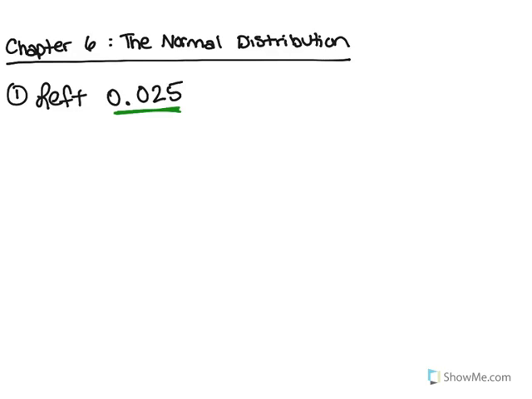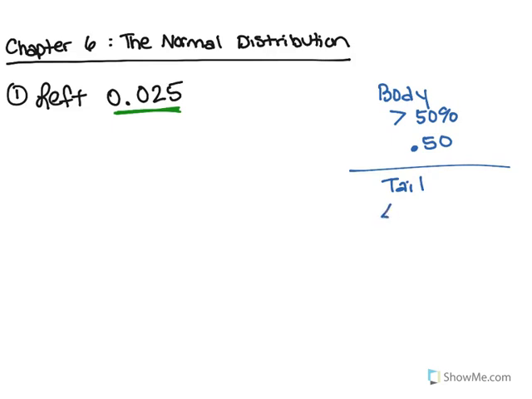Remember when we went over the types of shades, I mentioned that in order to be a body, it had to be greater than 50% shaded, which in decimal form is 0.50.